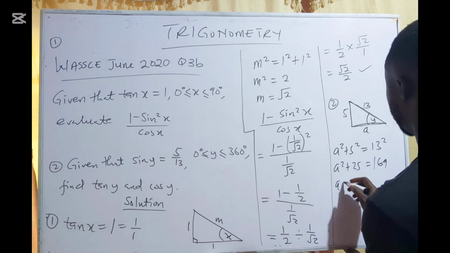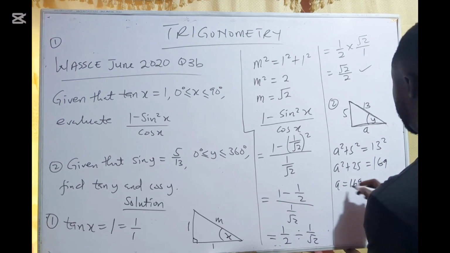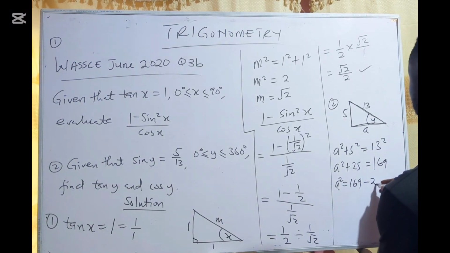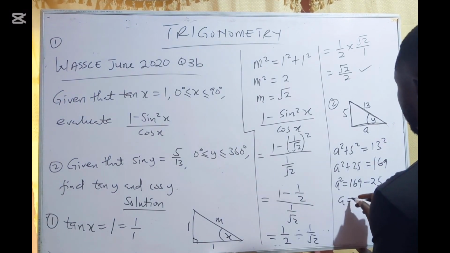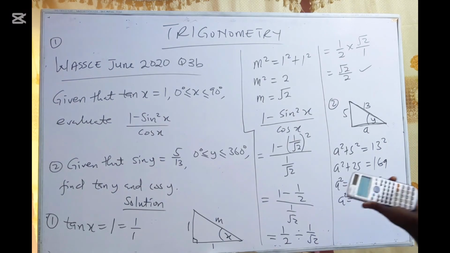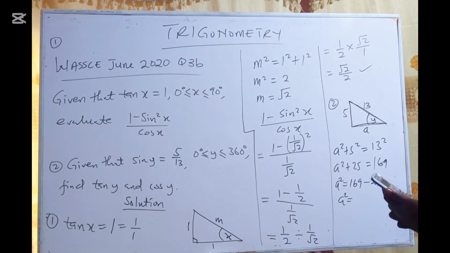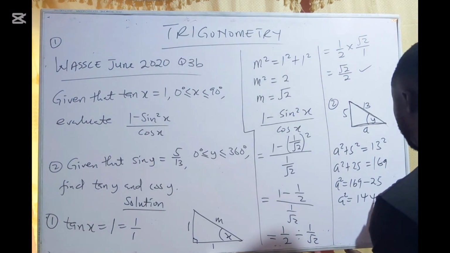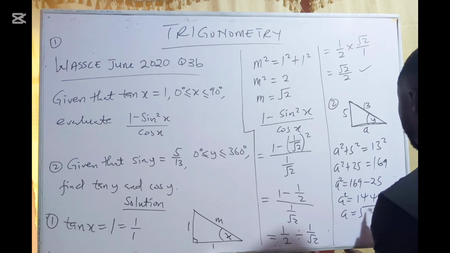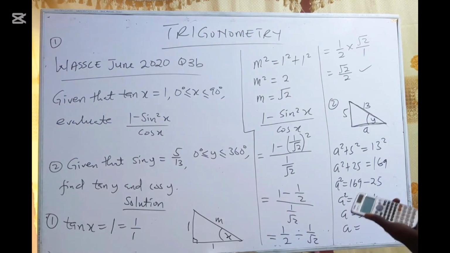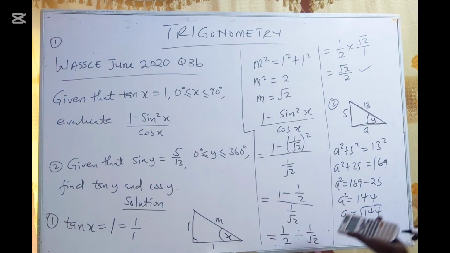So a square will be equal to 169 minus 25. And what is 169 minus 25? 144. So my a is the square root of 144, and that will give me 12. So the square root of 144 is 12.